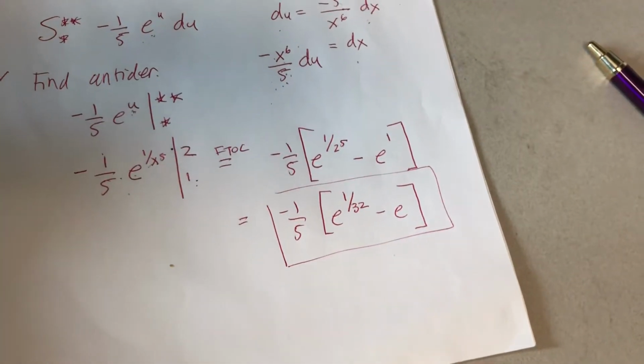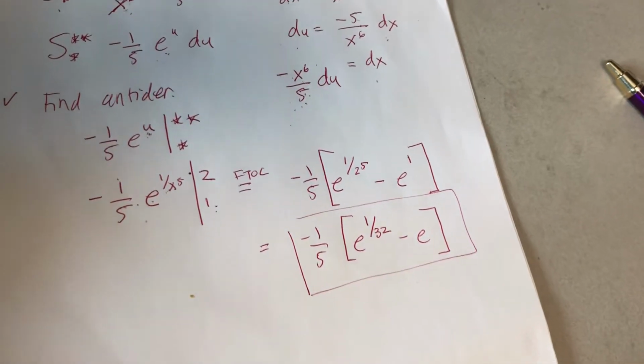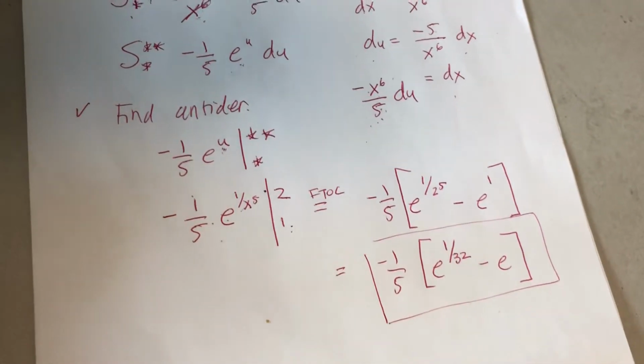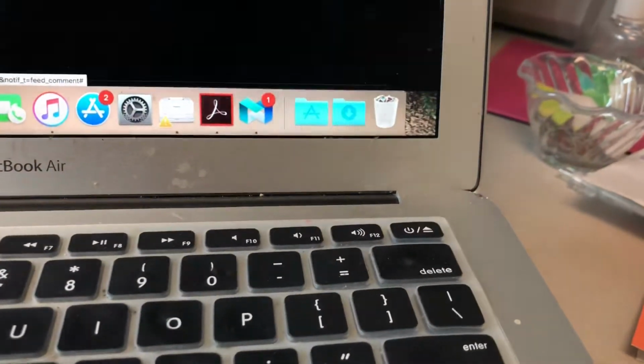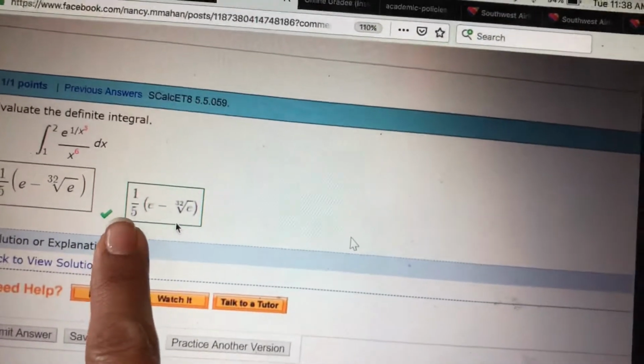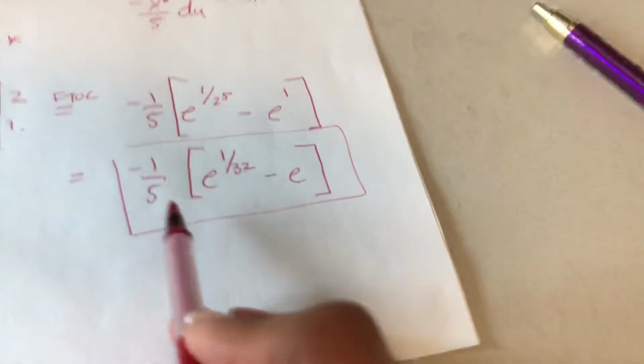Let me just double check with WebAssign. I'm looking at the message that Mafuza sent me. It's written as positive 1/5 e to this thingamajigger, which is the same thing.